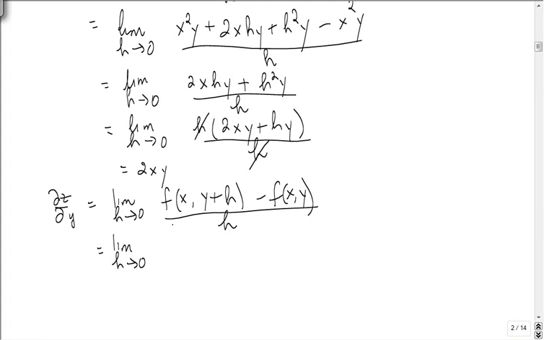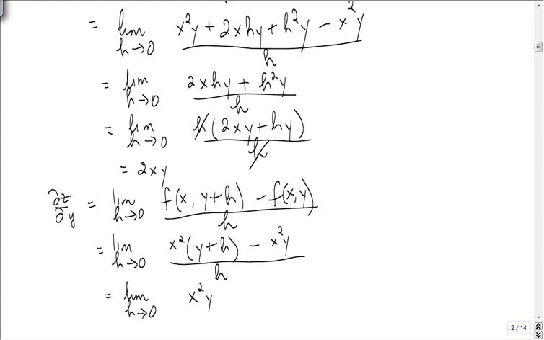So the function is now going to be x squared times (y plus h) minus the function itself, x squared y, over h. Now simplify this: x squared y plus x squared h minus x squared y over h.